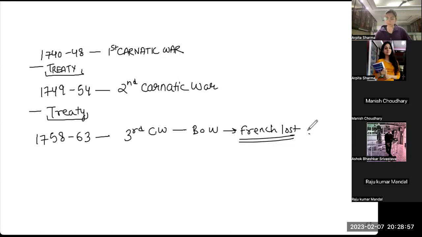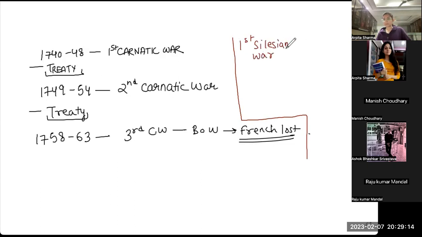Okay, point clear हुआ यहाँ तक? Let me know if point is clear. In the same time period, internationally we would say the first Silesian War, which happened in Poland, 1740 to 42, and the second Silesian War, which happened in the period 1744 to 45.